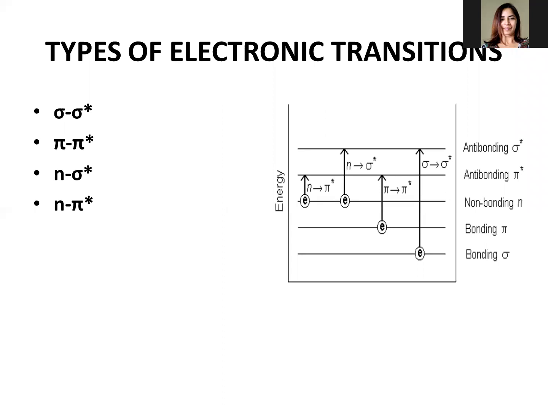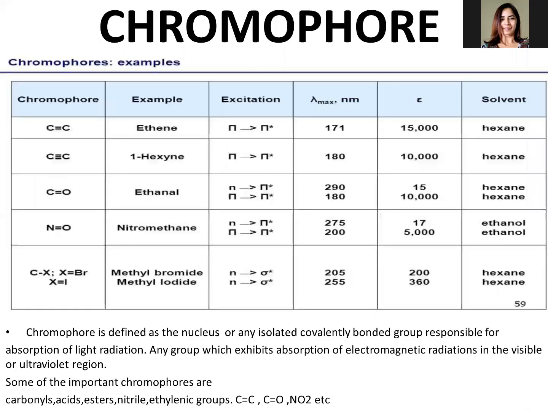Low energy n to pi star transitions occur at about 290 millimicrons to 180 millimicrons respectively. Absorption occurs at lower wavelength, and absorptions are usually very intense. So these were different types of transitions which were possible when an electron absorbs energy and is raised from lower state to higher state.